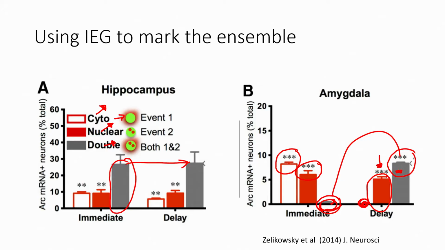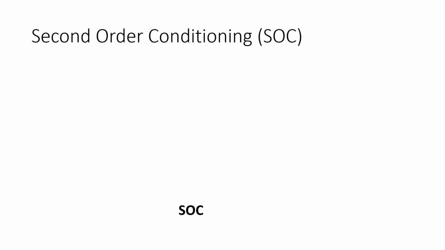Now let us look at the second phenomenon, second order conditioning. We have talked about second order conditioning quite a bit during the reinforcement learning. Now what is second order conditioning? Let us understand first the primary conditioning itself. We take a CS and then pair it with the US over a period of time, over repeated presentations or even on a contingent presentation.